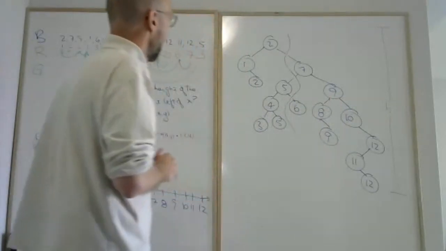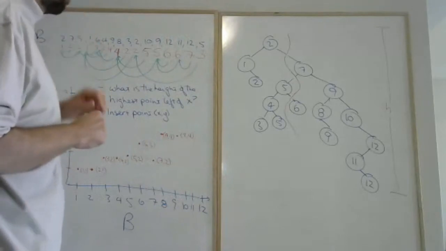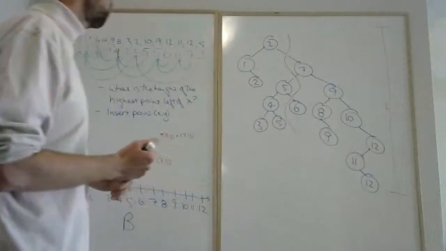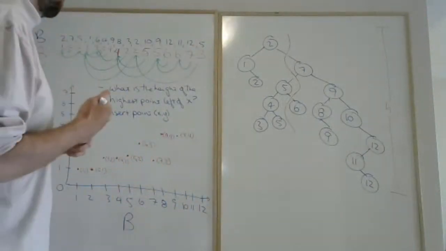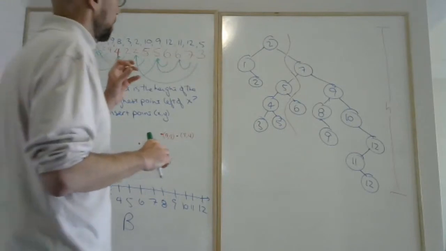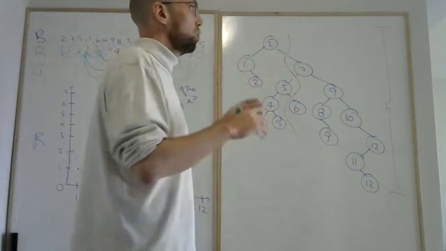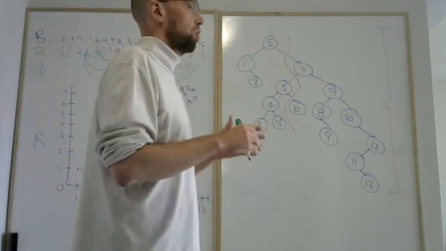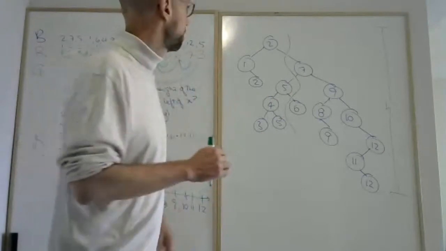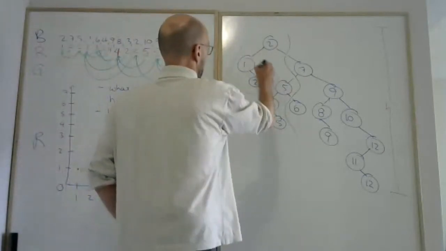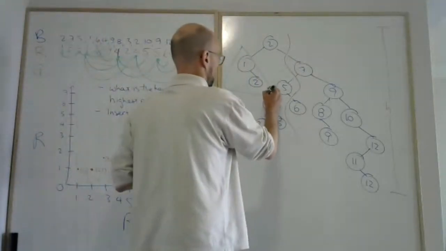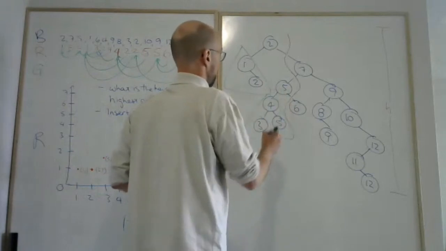So in fact, the other thing to notice is that if we want to split this into subtrees which contain stuff that's less than or equal to 5, everything in the left child of 2 is less than or equal to 5. Everything in the left child of 5 is less than or equal to 5.